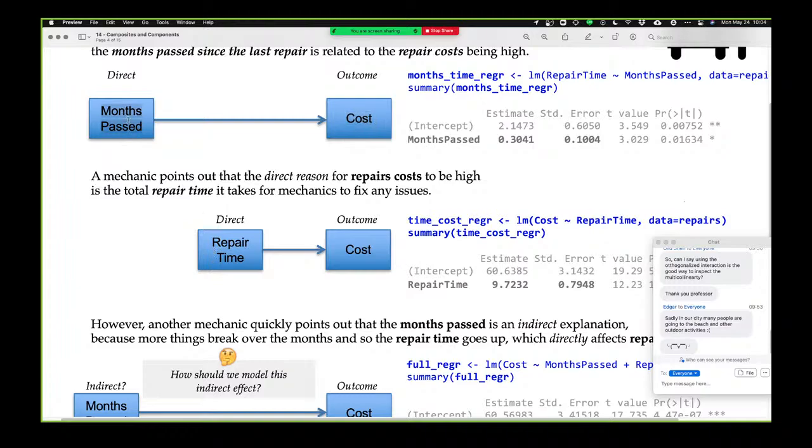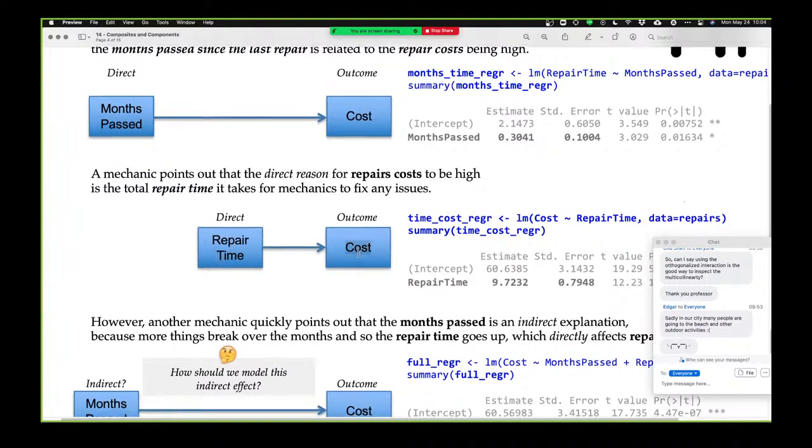Indirectly, because the number of months that have passed is really increasing the repair time. All right. And repair time is the more direct explanation. It's taking us more time to repair your car. We have to pay the mechanics. And there's maybe a little bit more in terms of parts and oils and things that we have to use. So that repair time is the more direct explanation of why your cost is going up.